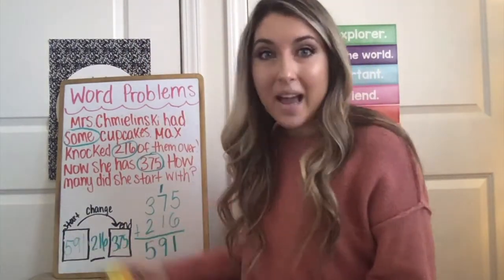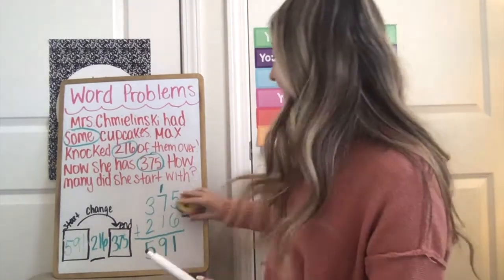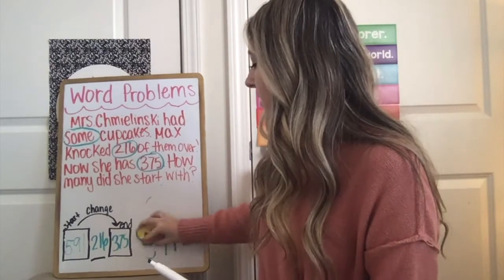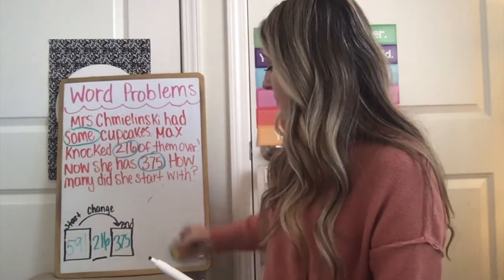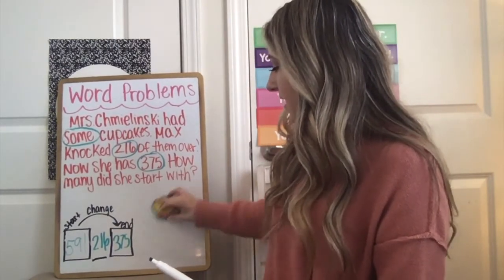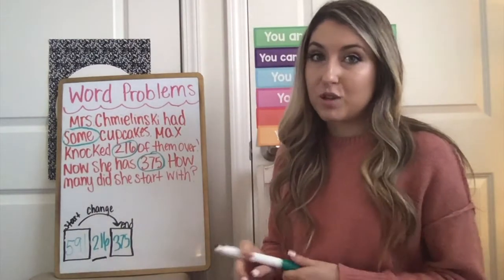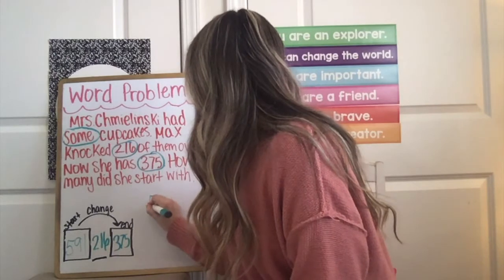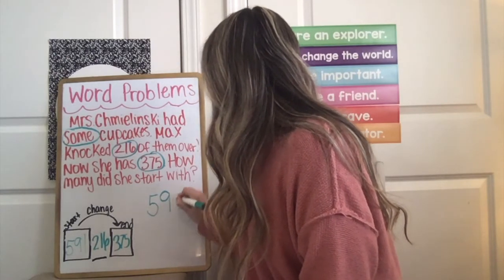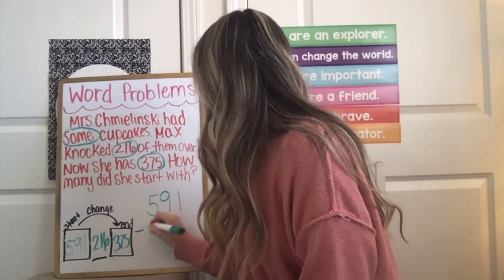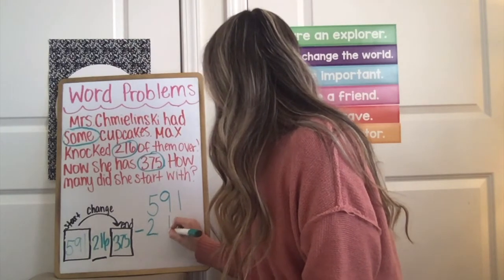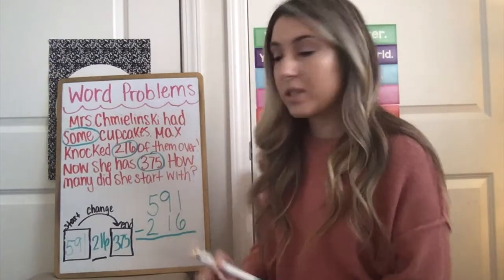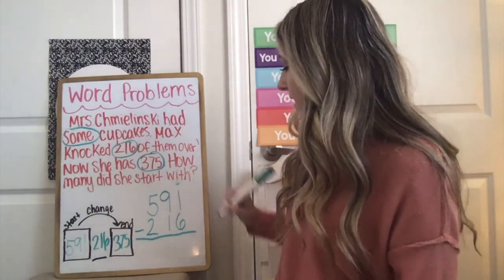Okay, so now I need to subtract to see if I got my answer right. So I'm going to subtract my start and my change to see if she really started with that many cupcakes. So 591 minus 216. All right, so I know I'm going to start in my 1s.